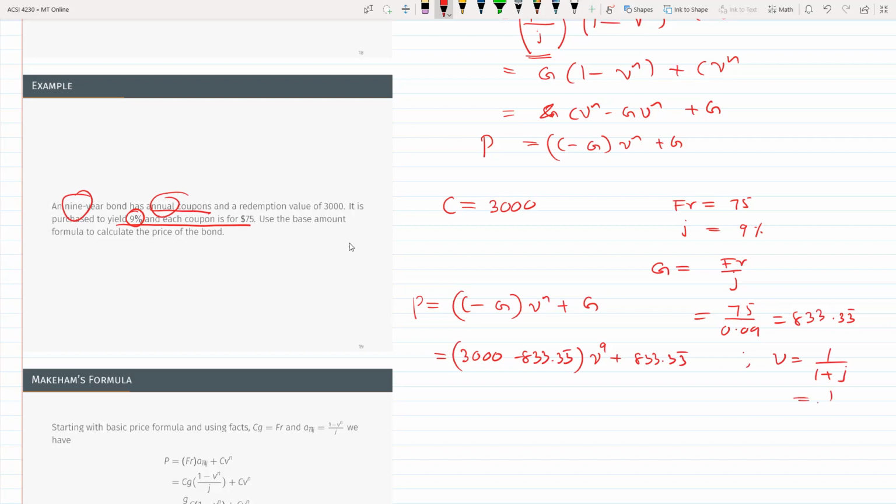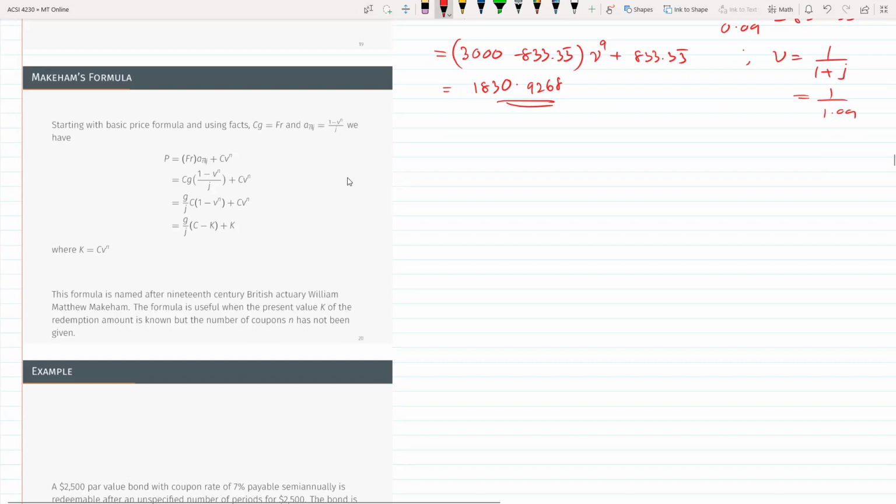So which is basically 1 over 1.09. So if I use this formula, I would get 1,830.926. That's the price.